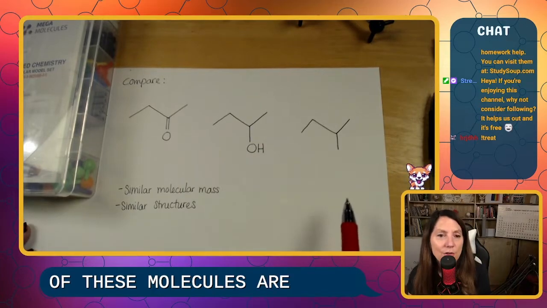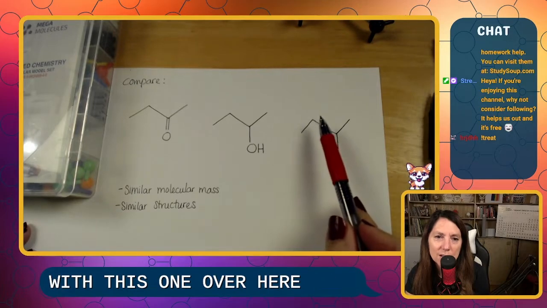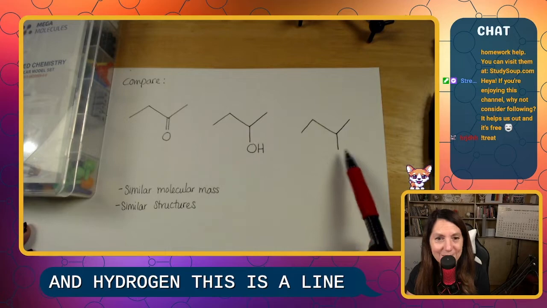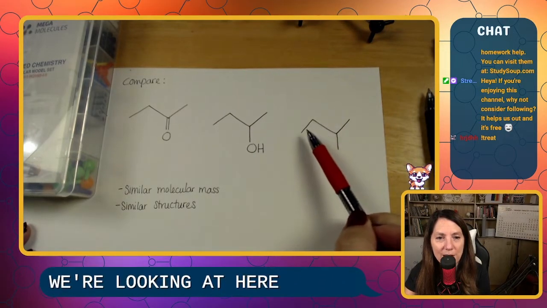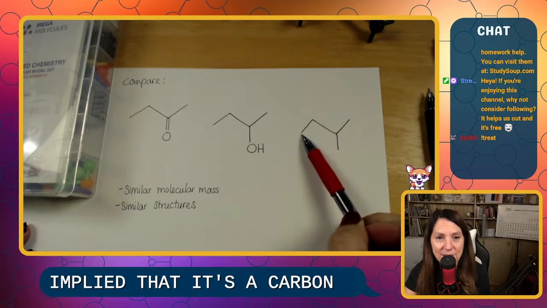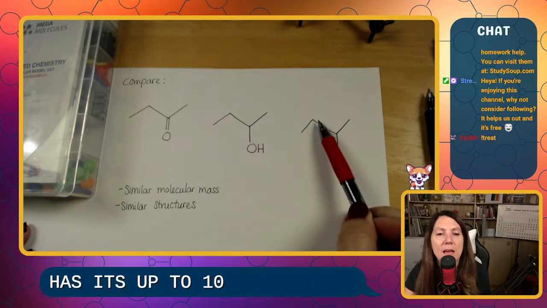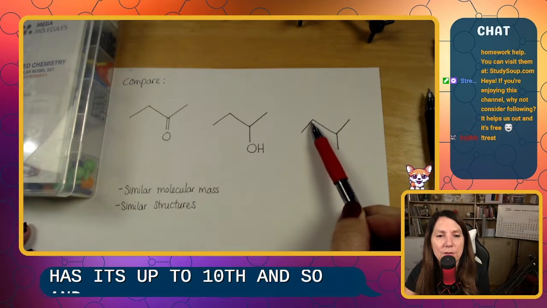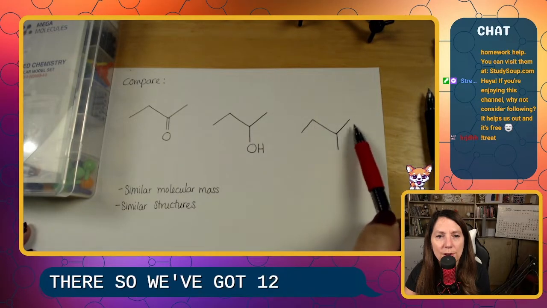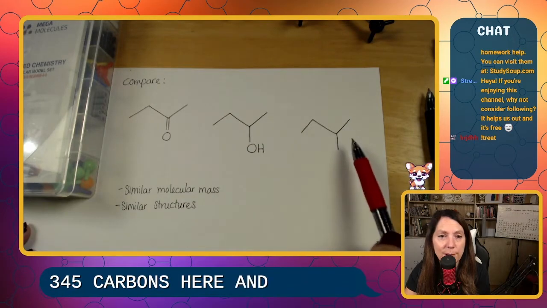Let's start with this one over here, because this is all carbons and hydrogens. This is a line angle drawing, where each end of a line implies a carbon that has enough hydrogens to have its octet, and anywhere there's a vertex, there's also a carbon. So we've got 1, 2, 3, 4, 5 carbons here, surrounded by hydrogens.